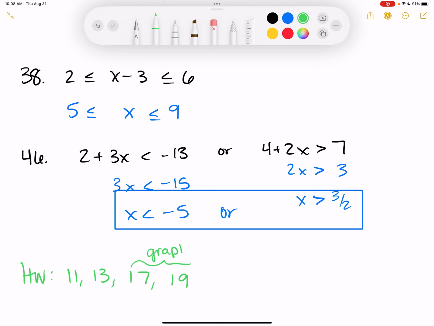If you want to graph the rest, you can, but you don't have to. It's 23, 29, 39, and 45. So remember, technically on a quiz or a test, you're going to be solving and then graphing. So if you would rather go ahead and graph them while you're doing it, that's fine. Or if you're like, I got this down, I don't need to, then that's also fine.